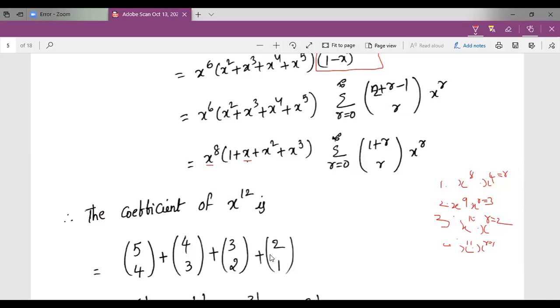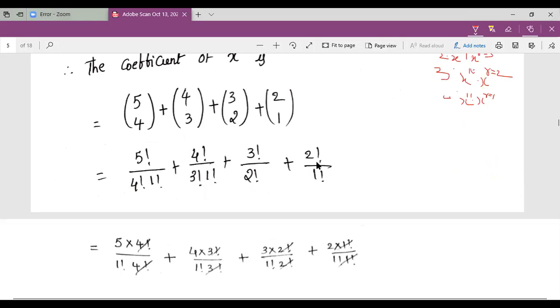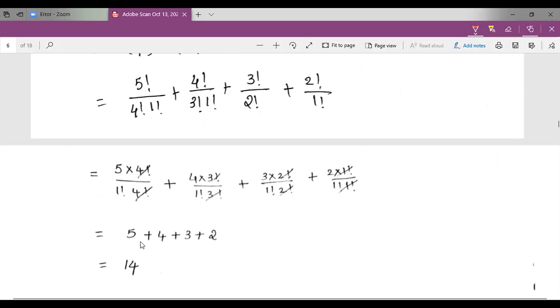So we simplify this. What is the formula for nCr? n factorial by r factorial into (n minus r) factorial. So 5 factorial by 4 factorial into (5 minus 4), 1 factorial, plus 4 factorial by 3 factorial into 1 factorial, plus 3 factorial by 2 factorial, plus 2 factorial by 1 factorial. To simplify this, we get 5 plus 4 plus 3 plus 2, that is equal to 14.